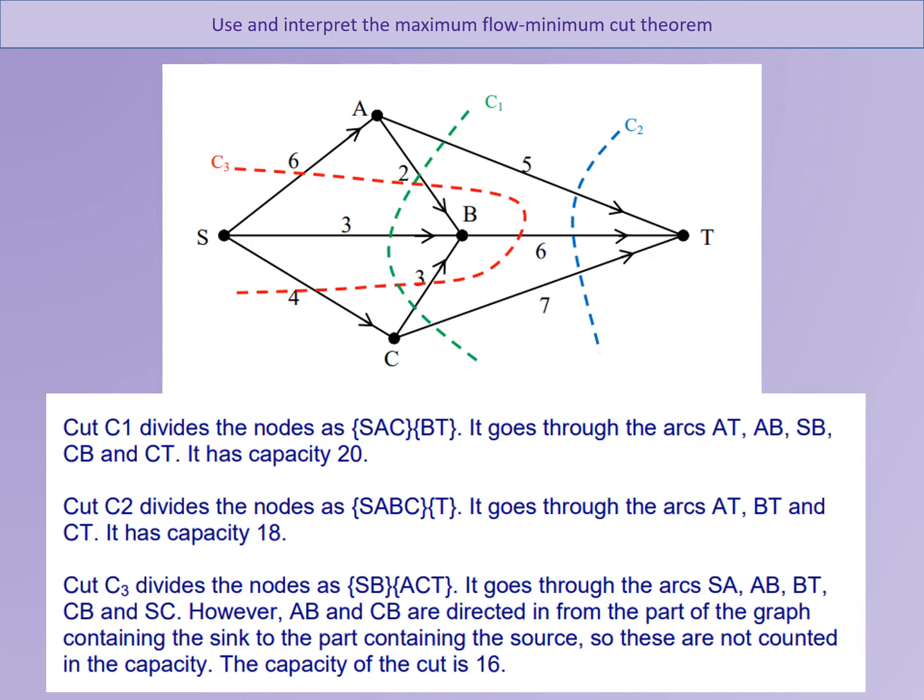Cut C2 has a capacity of 18. And cut C3 has a capacity of 16. Remember that only the capacities of arcs that travel from the source side to the sink side of the cut are included. We don't include any that travel from sink to source.